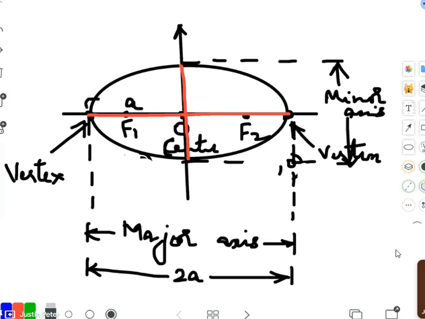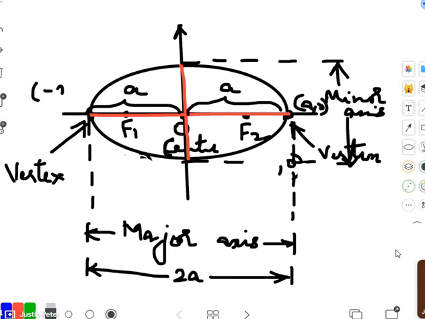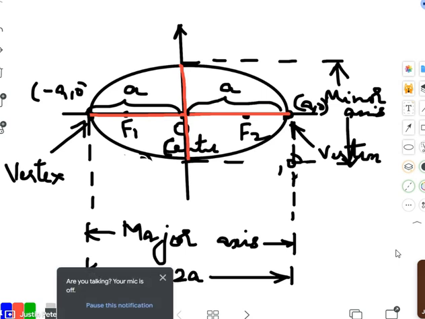Vertex is a comma 0, sir. Yes. So this is an A, and this side you have another A. So one vertex will be a comma 0 on the right side of the y-axis, and on the other side minus a comma 0.